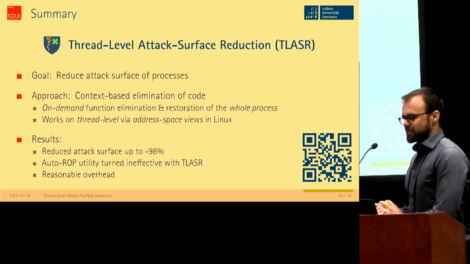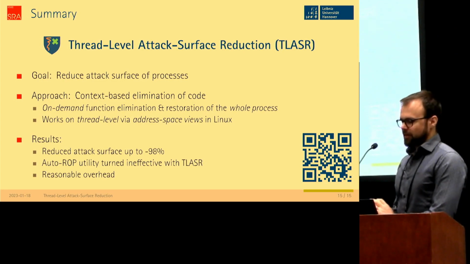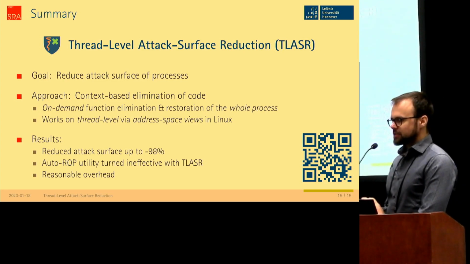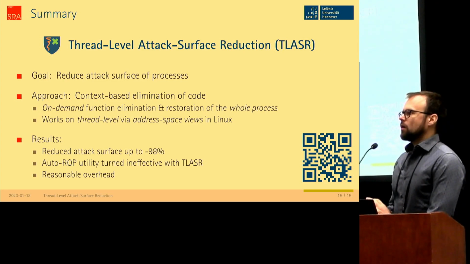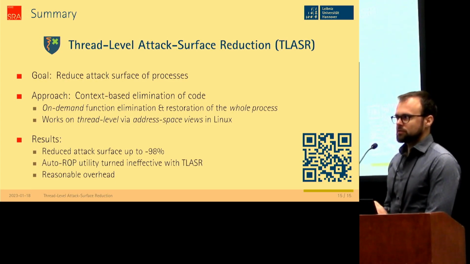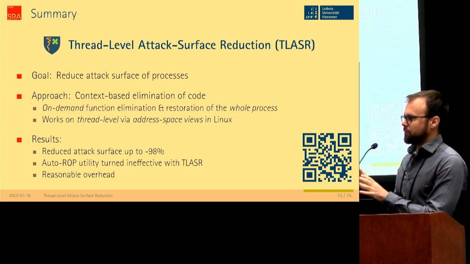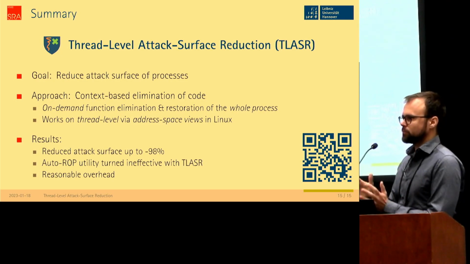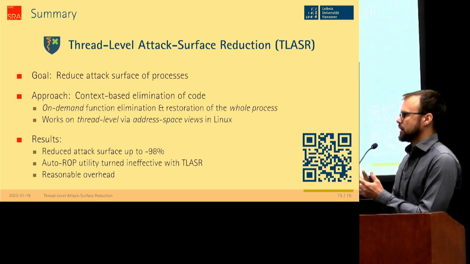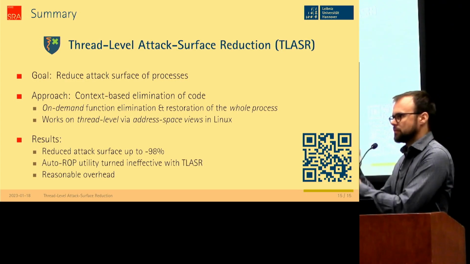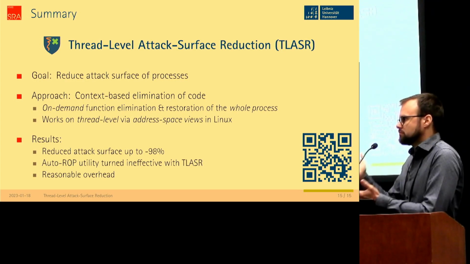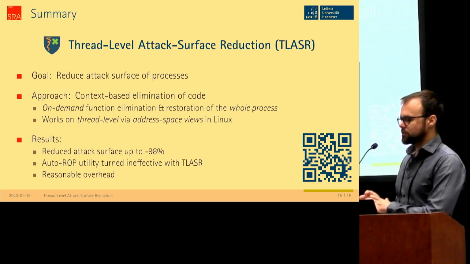Yeah, that's a good question. So do we target any other vulnerabilities? Yeah, basically all code reuse vulnerabilities. There are variants of return-oriented programming where you can, for example, exploit jumps in a similar way. So these are, of course, also targeted.